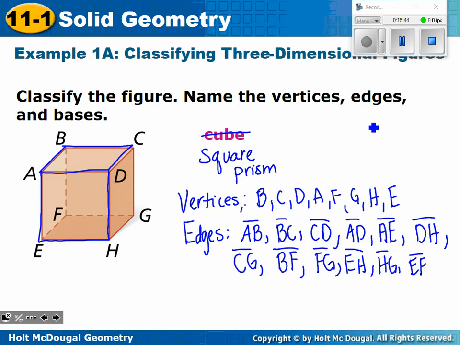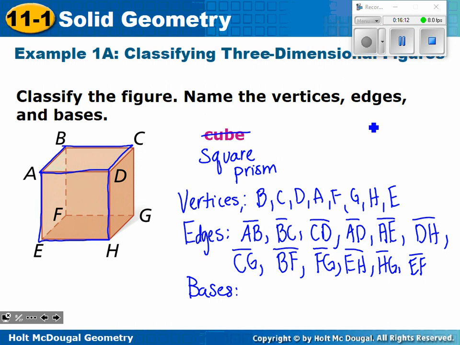Okay, so that's tedious but easy, right? Now let's list the bases. I want to warn you here. Keep in mind, for the bases, if it's a rectangular prism, then you only need to pick two because any two could be your bases. But if it's something like this, what are my two bases?